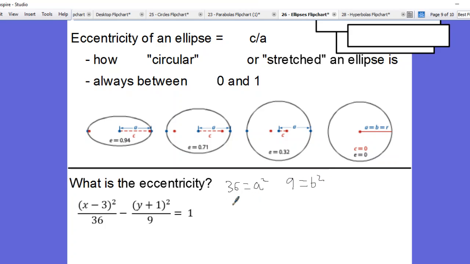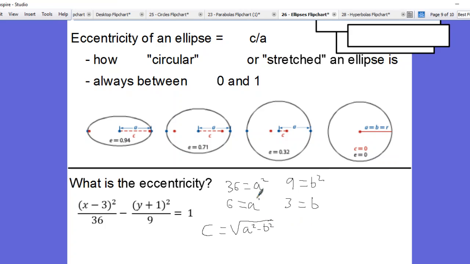So that means a is equal to 6 and b is equal to 3, and now we need to find c. For an ellipse, c is equal to the square root of a squared minus b squared.